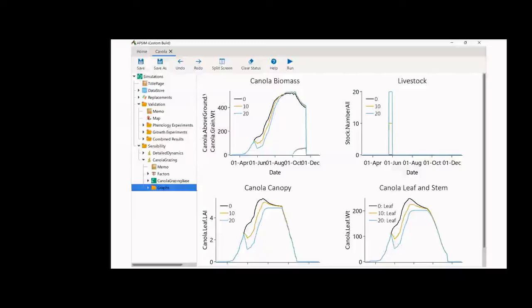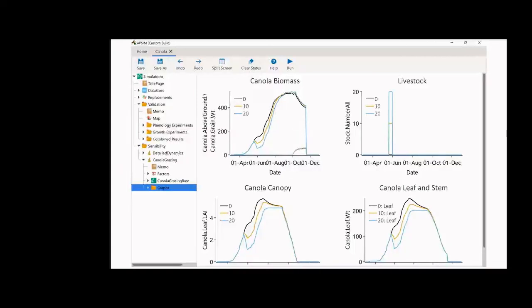We have a winter canola planted in March, with livestock being put into the simulation in late May and grazing it for about 10 days. We can see as a result that the biomass of the plant is impacted under the two stocked simulations. We've either got 0 livestock, 10 or 20. These are cattle, I think, in this simulation.